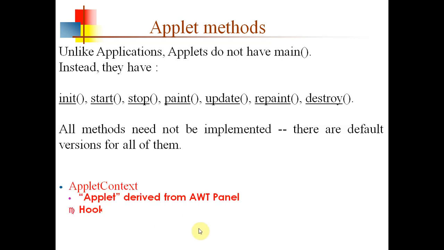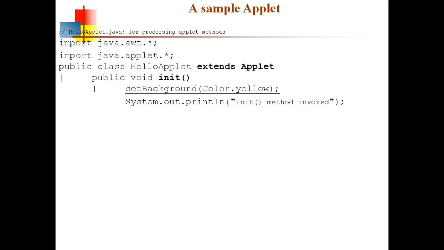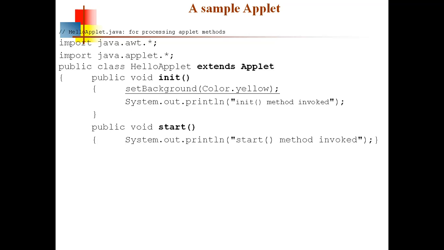And so you can see here the simple program. Again see this program. In this program we have a start function and an init function. This program starts with import java.awt.*, and then we write import java.applet.*, so we require the applet package as well as the awt package.